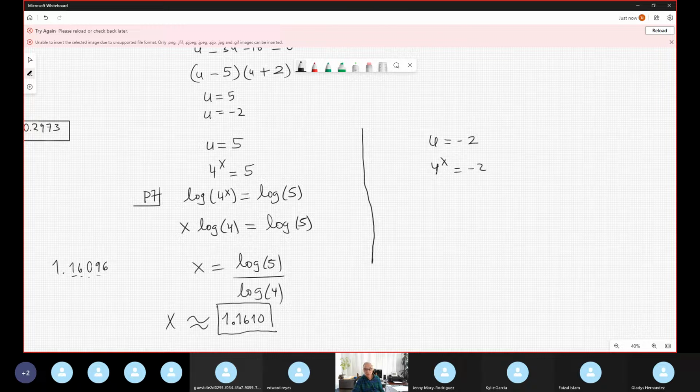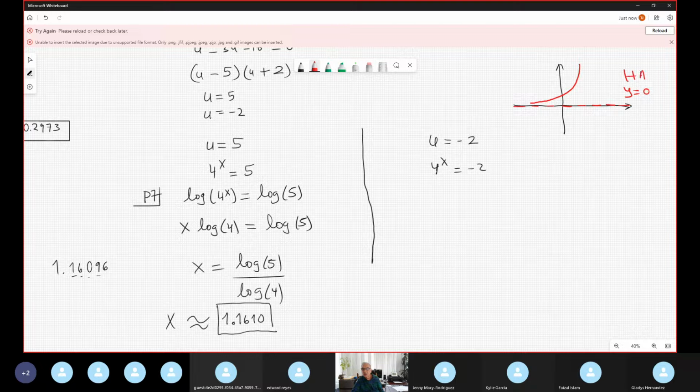Now let's move on to the second solution. 4 to the x equal minus 2. Sounds weird. I remember something about exponential functions: the exponential function looks like that. We have a horizontal asymptote here at y equals 0.